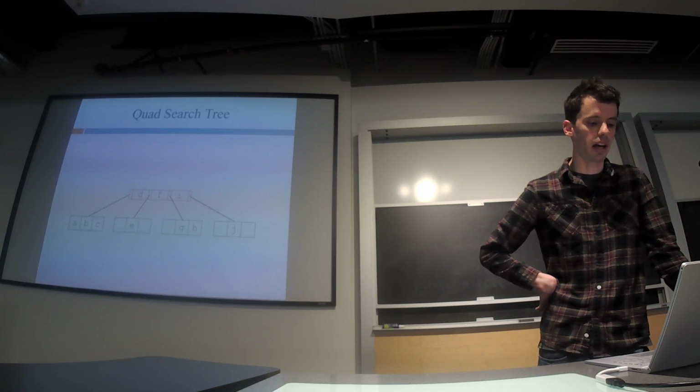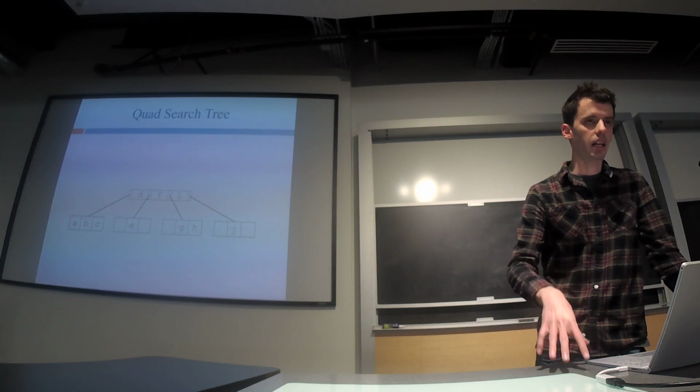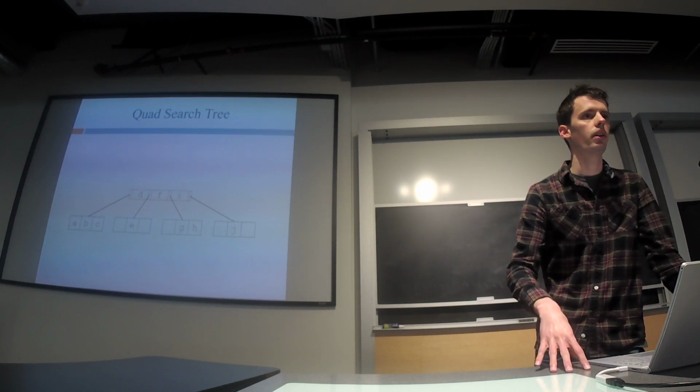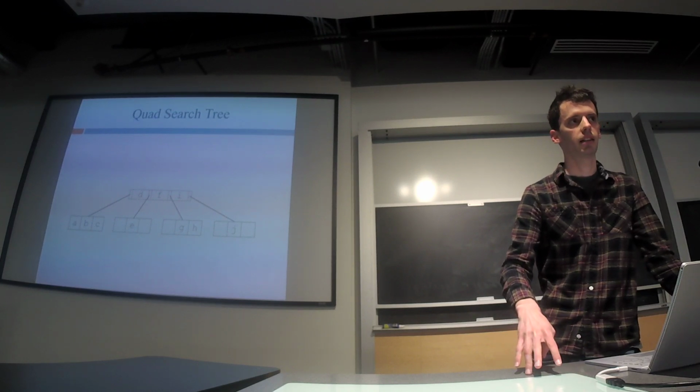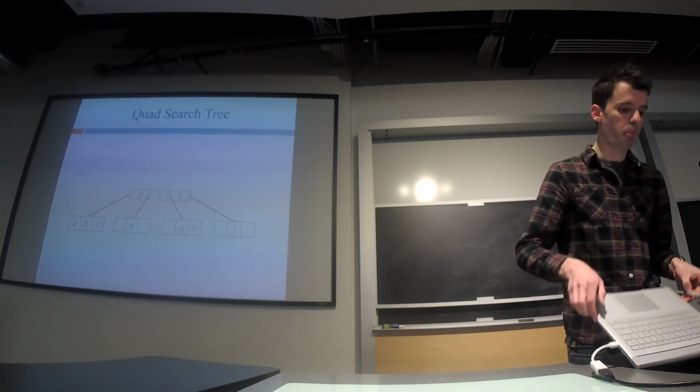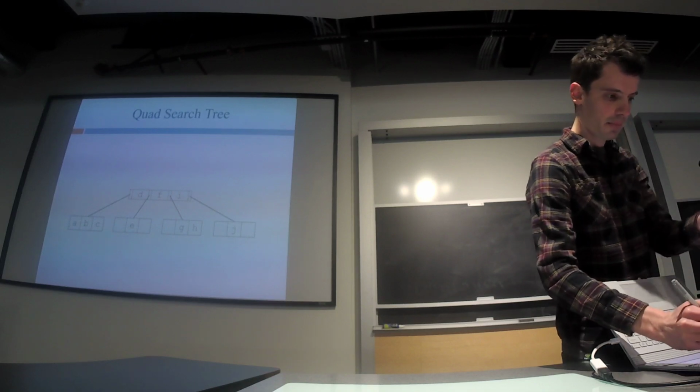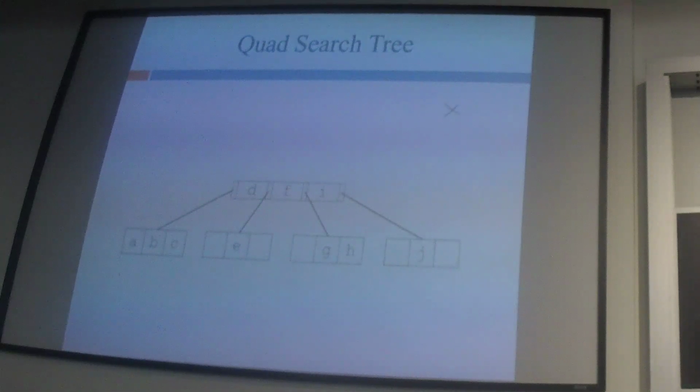The way this works now is each internal node is going to have 3 keys in it. So if you look at a binary tree, you have 1 key and then basically a pointer on either side of it, to the left of and to the right of. If you want a quad tree, you put keys basically in between all of the pointers.